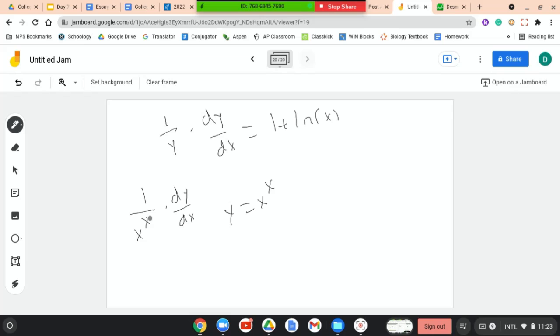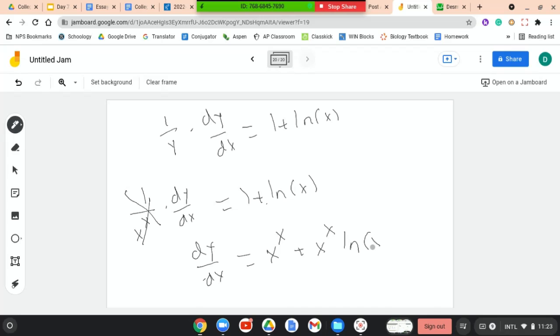Yeah, because 1 over y and y is x to the x, so it's 1 over x to the x. Equals 1 plus ln x. If I multiply both sides by x to the x, this becomes 1, so it goes away. And then we get dy over dx equals, if we multiply this by x to the x, x to the x plus x to the x times ln x.